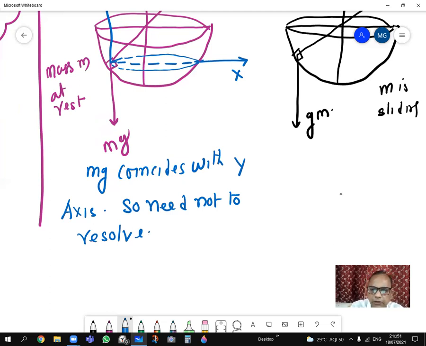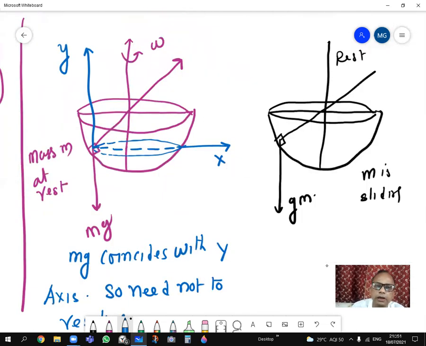So which vector I will resolve here? I will resolve here N vector. So this is my N. Let's say this is theta. So this is also theta. So this is your N cos theta. And in this direction, you will have N sin theta.